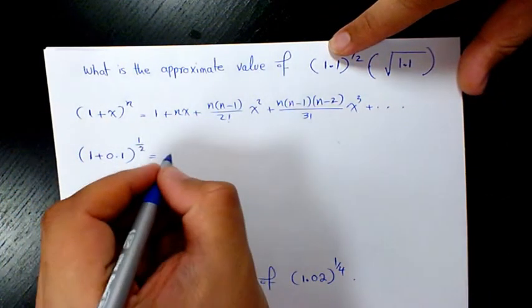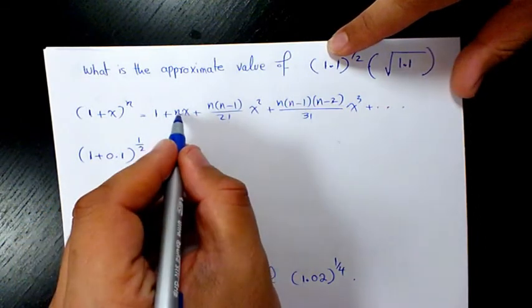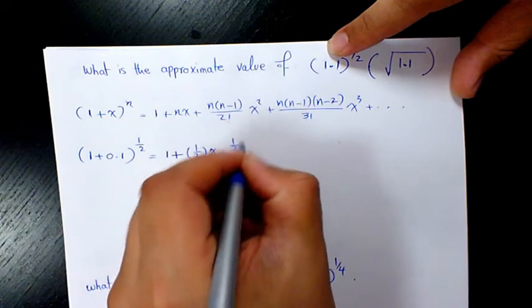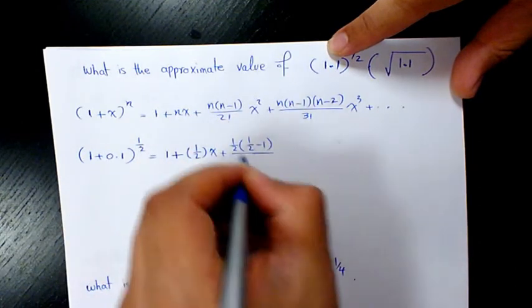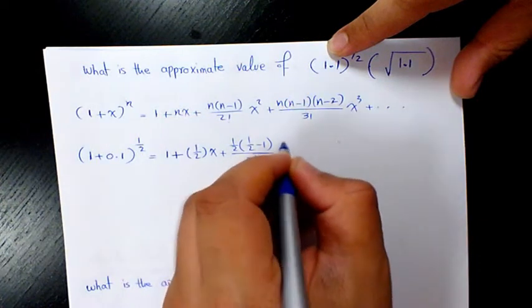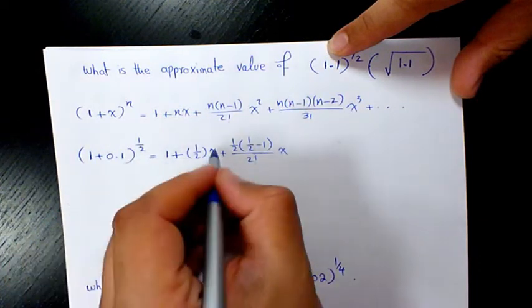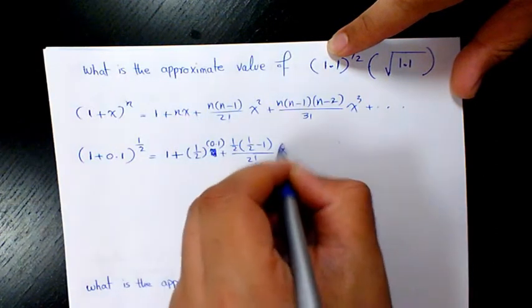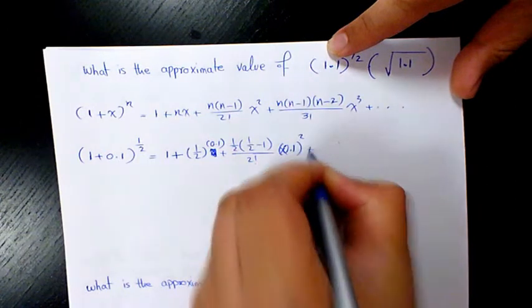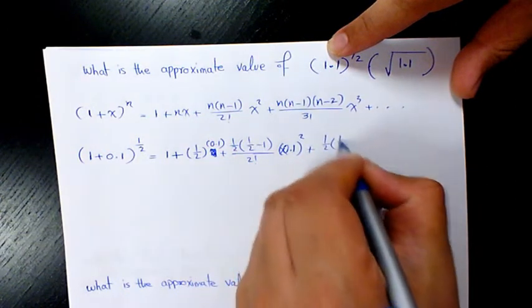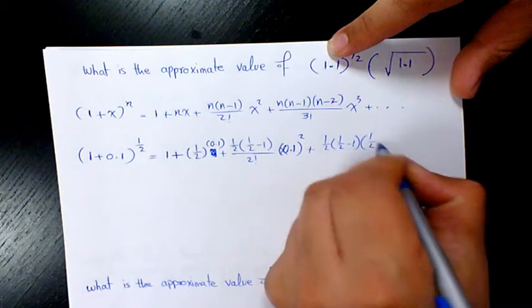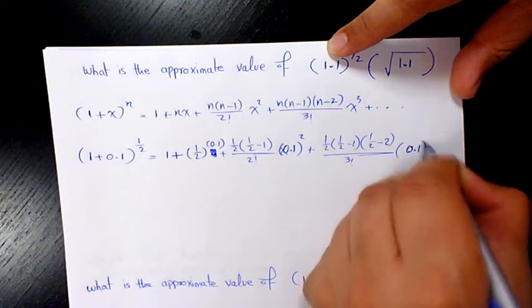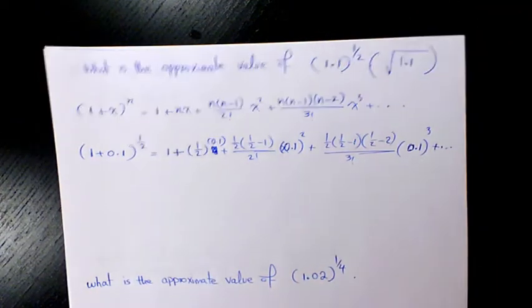That's going to be 1 plus (1/2) x plus (1/2)(1/2 minus 1) divided by 2 factorial x squared, where x is 0.1. Let's substitute it now: 0.1 to the power of 2. And the next one is (1/2)(1/2 minus 1)(1/2 minus 2) divided by 3 factorial times 0.1 to the power of 3 and all other terms.